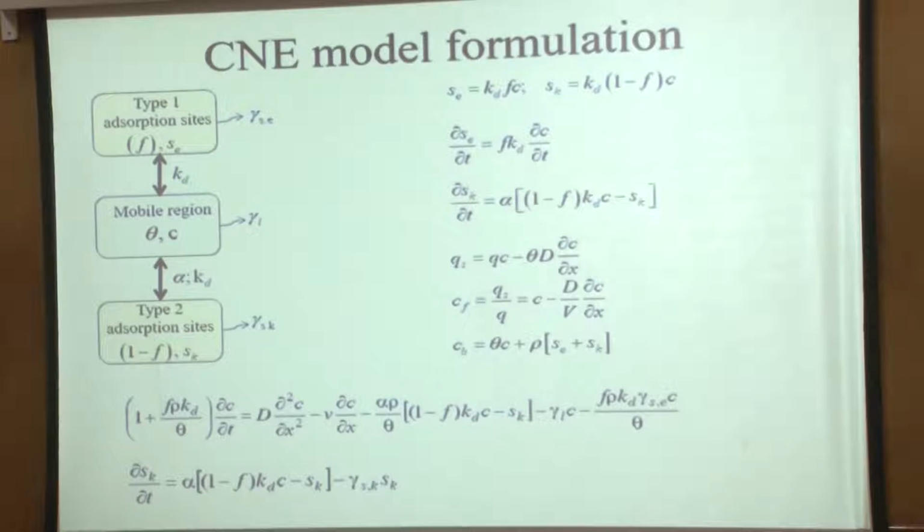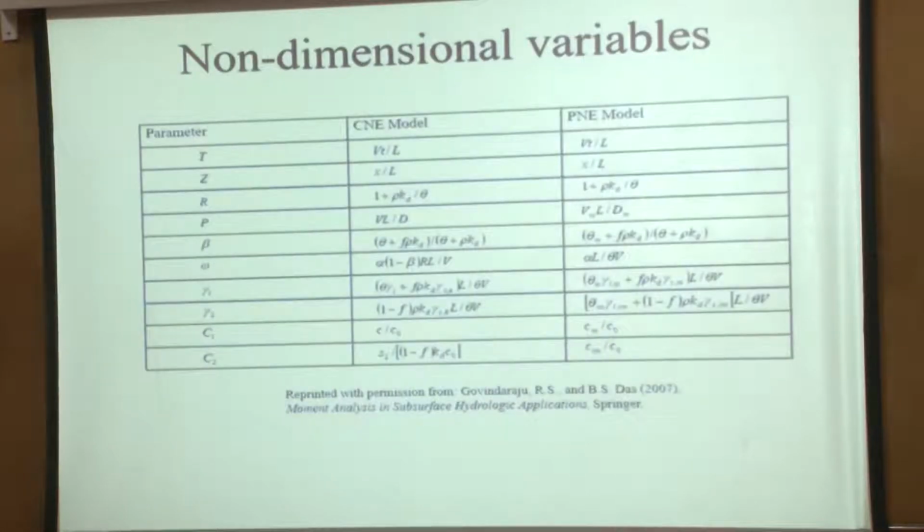In this context, and I think Professor Srivastava also talked about this earlier in his lecture, we use non-dimensionalization because we now have so many parameters. For the chemical non-equilibrium model and the physical non-equilibrium model, we have a whole host of dimensionless parameters.